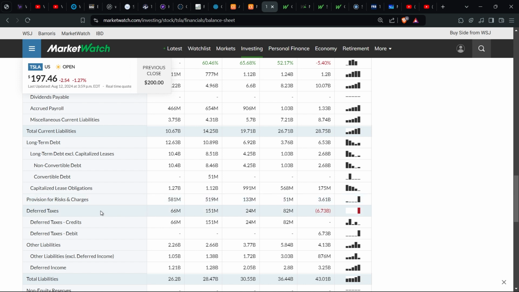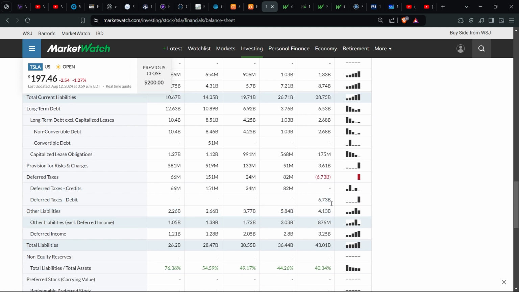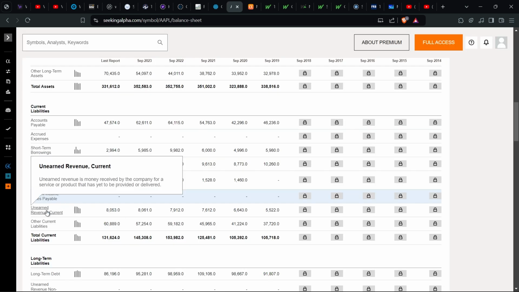All right. There's also deferred taxes credits, deferred taxes debit. This is money that they are supposed to receive, I think. The same story with the deferred revenue. Other liabilities, deferred income. You can see deferred income here is what is being called deferred revenue, unearned revenue, right?